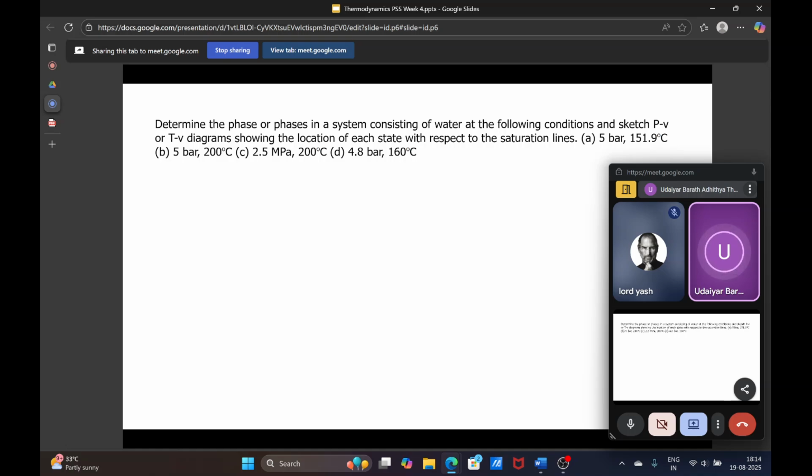If your temperature is the saturation temperature for a given pressure, then the liquid-vapor mixture can exist as saturated liquid, saturated vapor, or a mixture of liquid and vapor. You can have any of these combinations. And the third part is, at constant pressure, if the temperature is lower than the saturation temperature, then it exists as subcooled liquid.